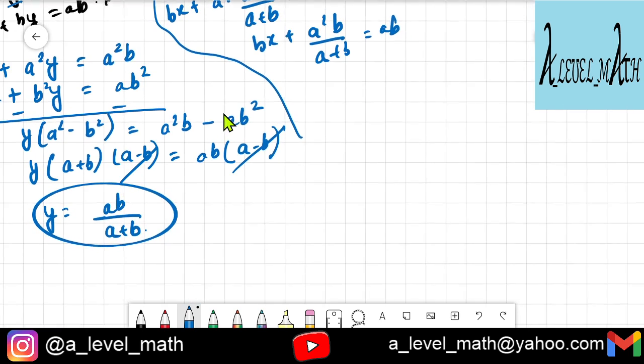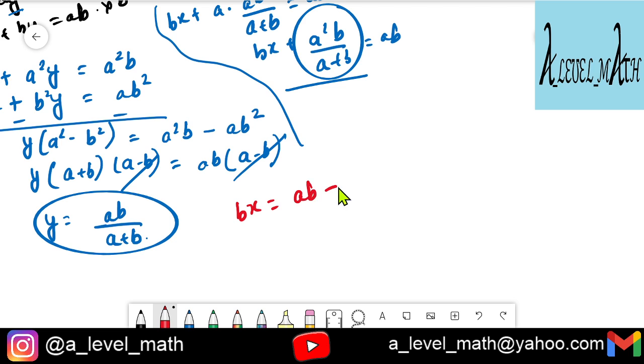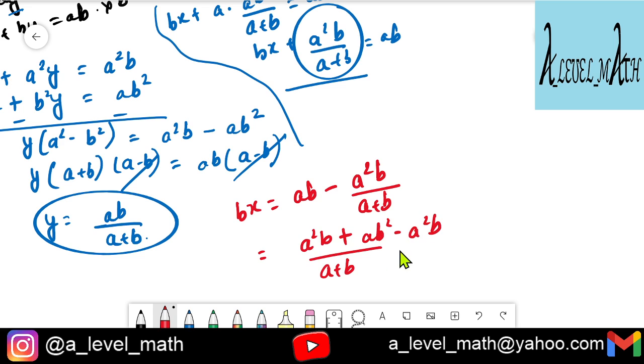Alright. So now if I take this a squared b on the other side, then what I have is bx is equal to ab minus a squared b by a plus b. If I take a plus b as LCM, then I get a squared b plus ab squared minus a squared b.